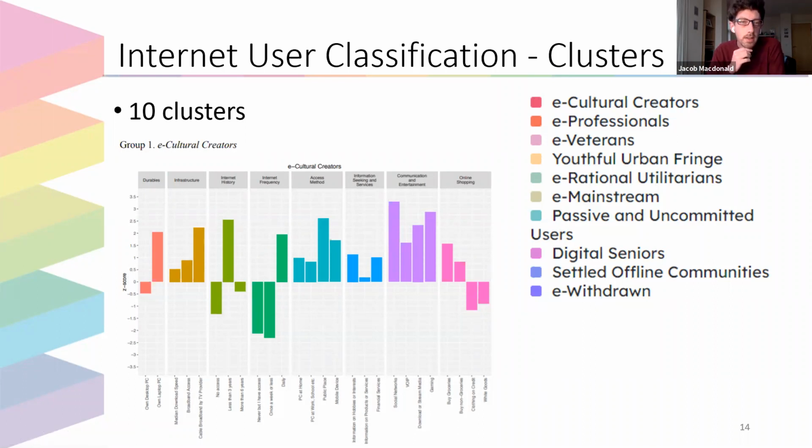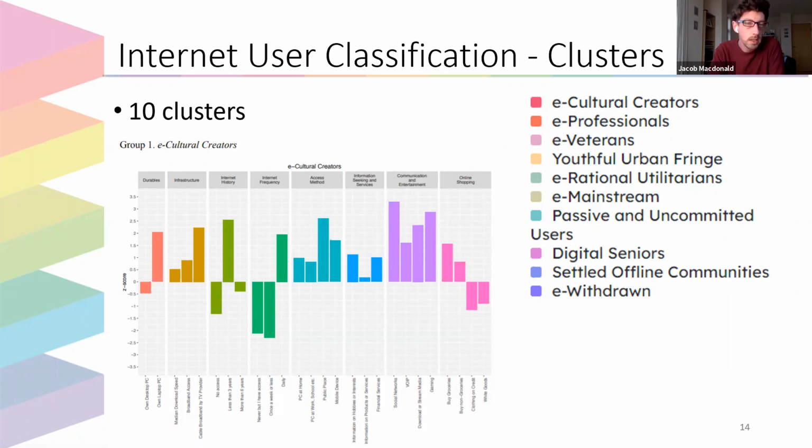So here, for example, we have the first group, which is e-cultural creators. This would be the average underlying signature for all of the LSOAs in the e-cultural creator group, based on the types of input data that we use. You can see on the bottom axes we have some of the input data from the British Population Survey, like own desktop, own laptop.